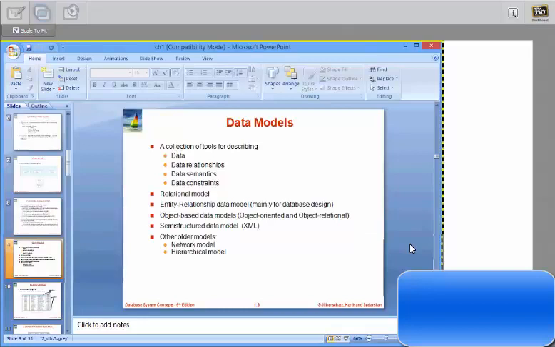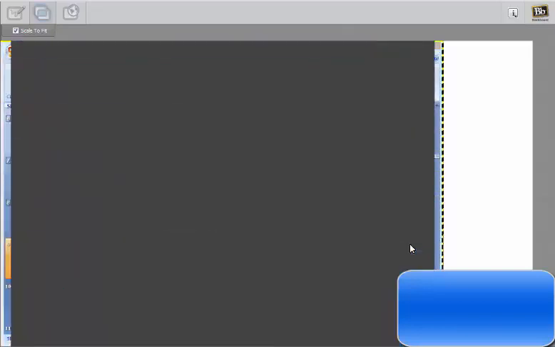Now data models. Here the question could be of MCQs, true and false, or fill in the blanks. But when it is fill in the blanks, I don't think it will be hard for all of you to find anything.